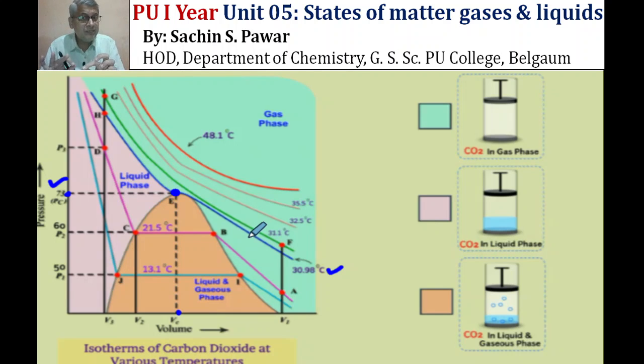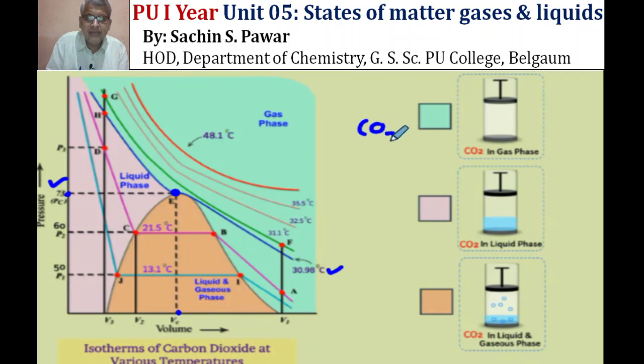At critical temperature, whatever minimum pressure you need to apply so that the liquefaction begins is called critical pressure. And at critical temperature there is still some gas remaining, and the volume of that gas at critical temperature and pressure is known as critical volume. So we have critical temperature, critical pressure, and critical volume.